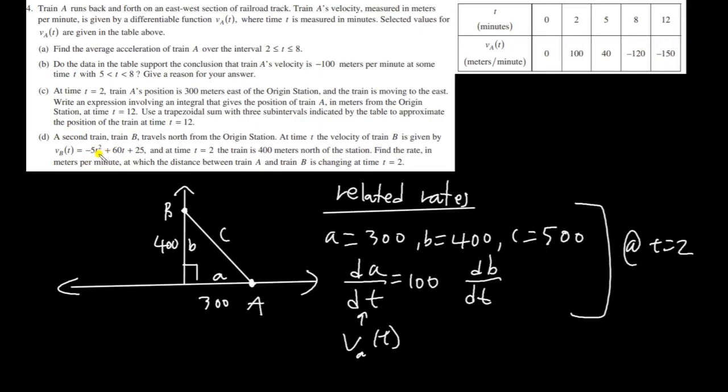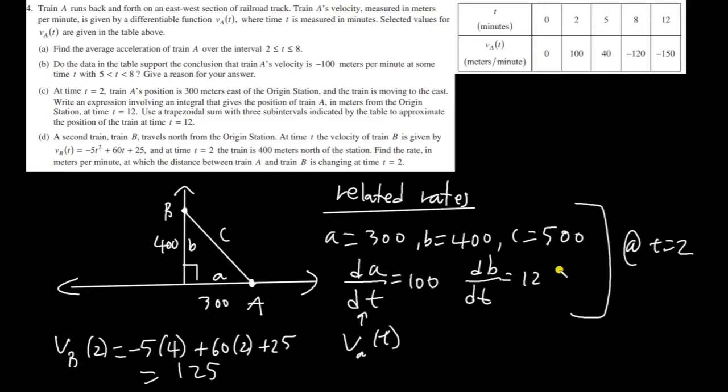If I plug in 2 into there, I'll get negative 5 times 4 plus 60 times 2 plus 25, which is negative 20 plus 120 plus 25, which is 125. Okay, so this is 125.